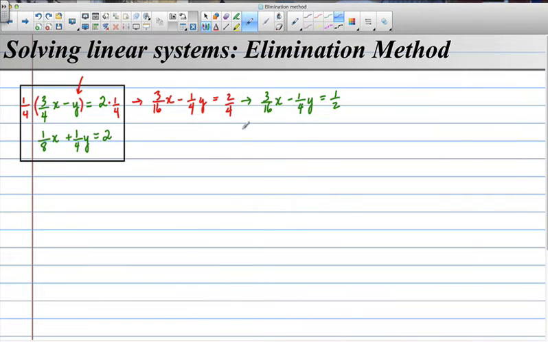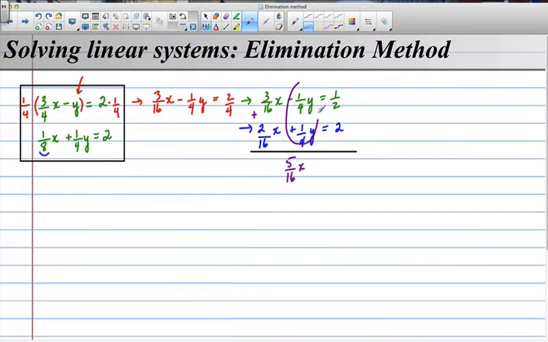Now the second one we'll just rewrite as is, except let's change this 1/8 to 2/16 x plus 1/4 y equals 2. Adding up the equations, we get 5/16 x.